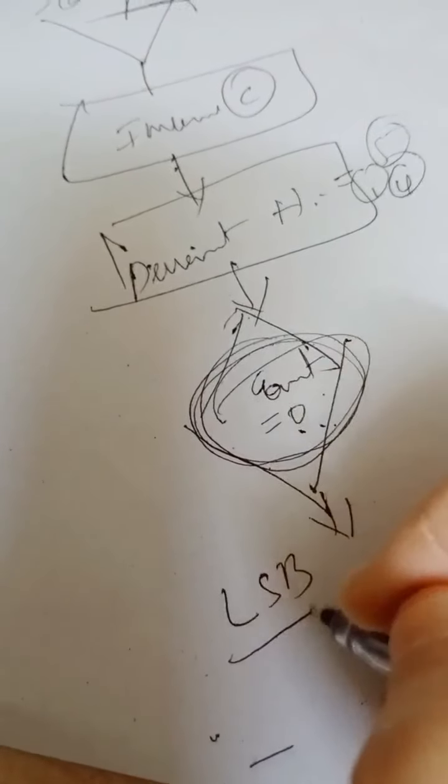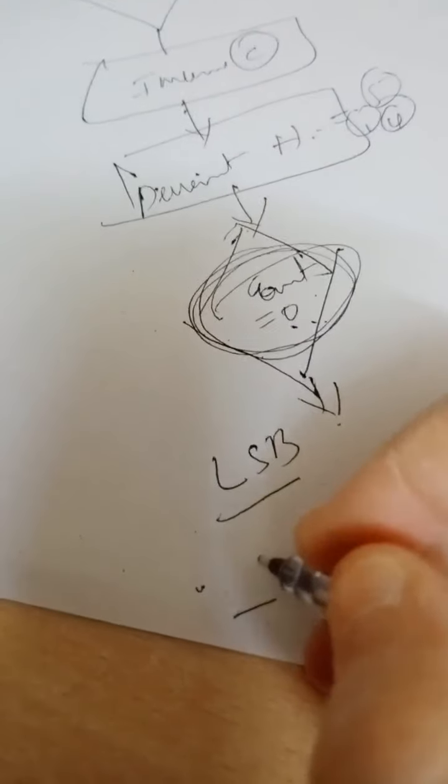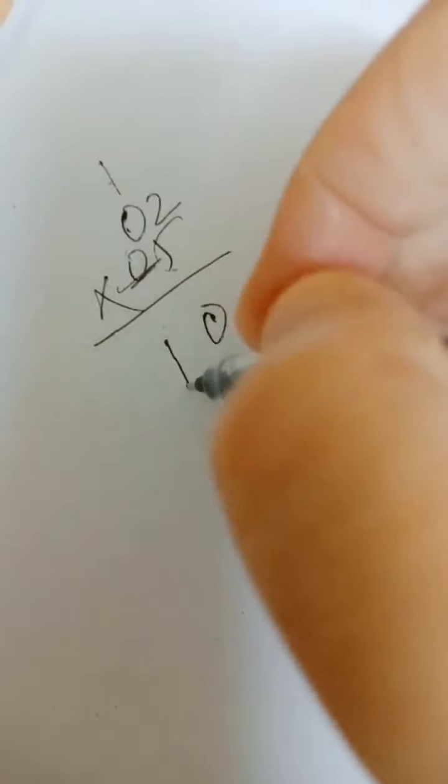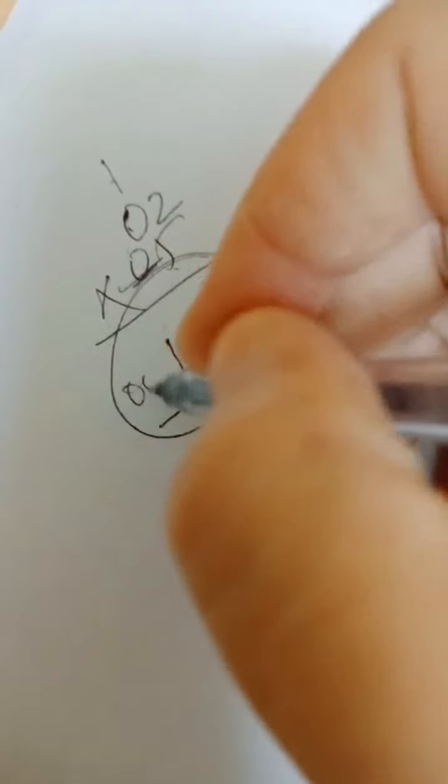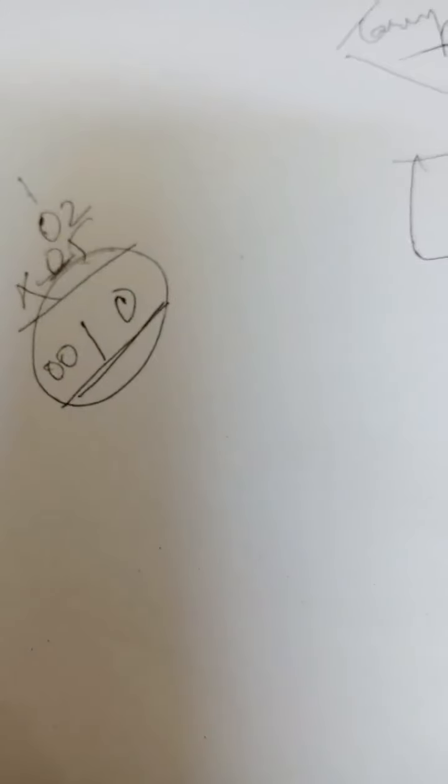You should store the answer LSB and MSB, 0205. This is the count. 5001, 5001, 10. This is your answer. 10 is your answer.